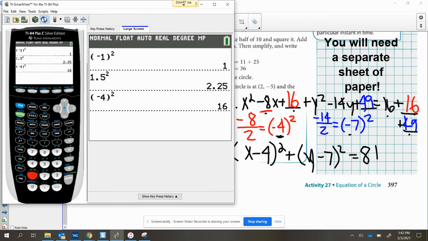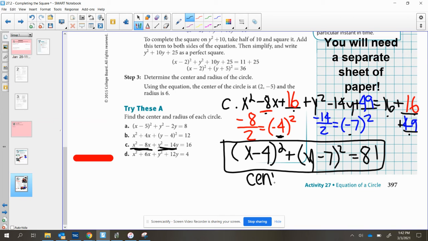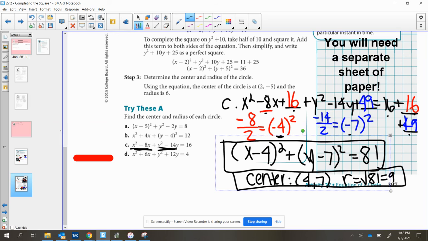And again, that just comes from adding those 3 values together. So now we have our equation of the circle in standard form, and we'd be able to identify our center and our radius. So our center would be at (4, 7), and our radius is the square root of 81, which is just 9.